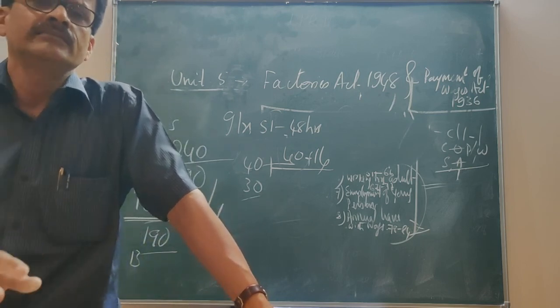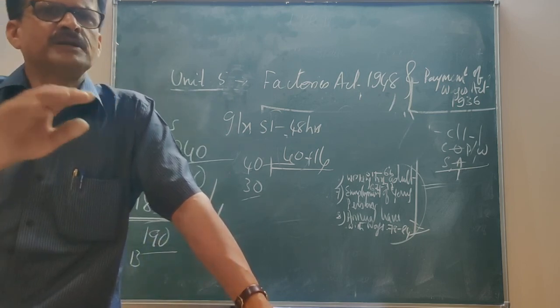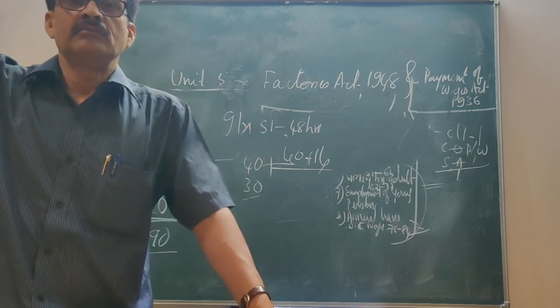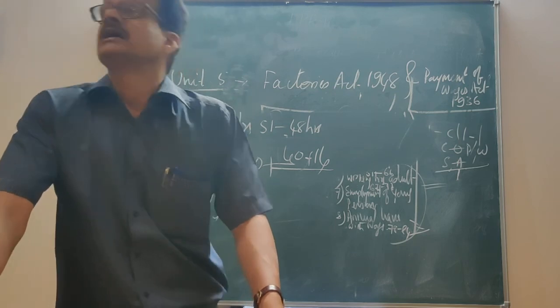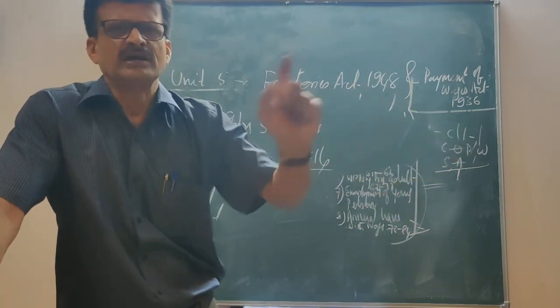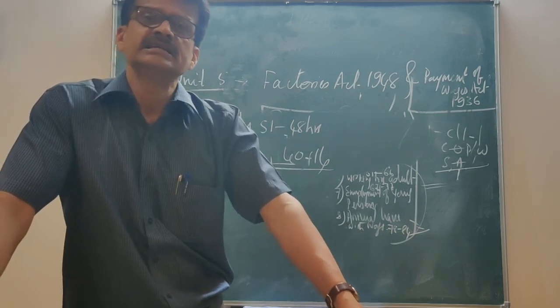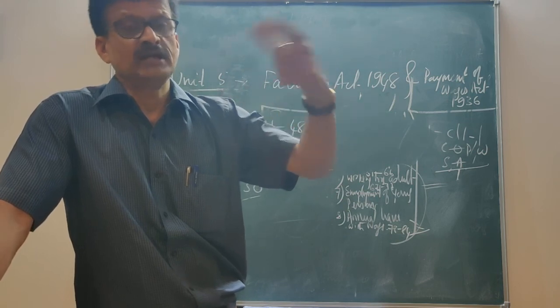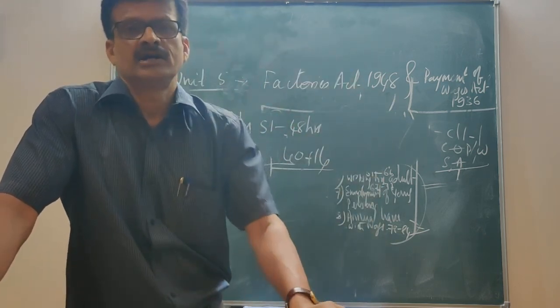But how to avail them? If you are working in an establishment which is a public utility service, like the public transport system, like BWSSB, like a power corporation, then you should make an application to the employer well in advance, 30 days in advance, for availing the earned leave.